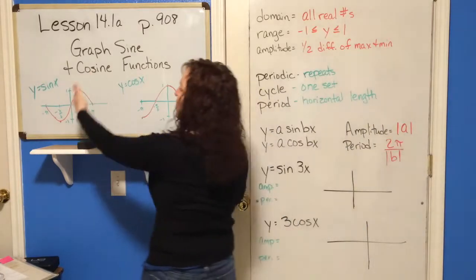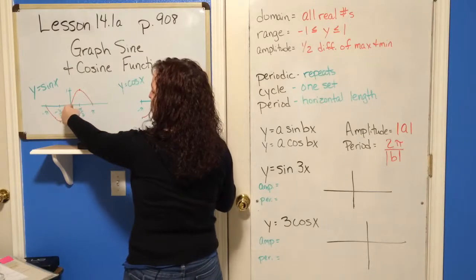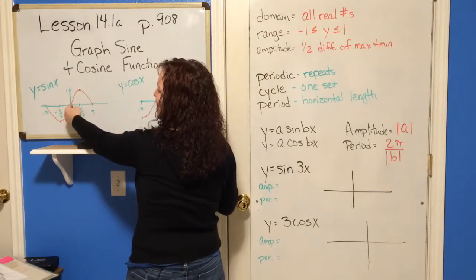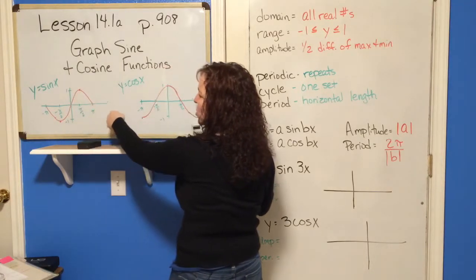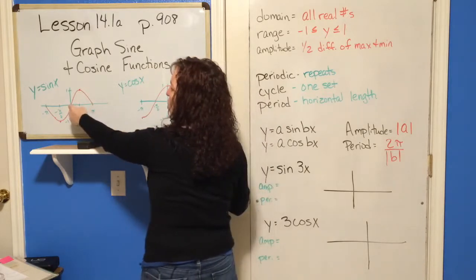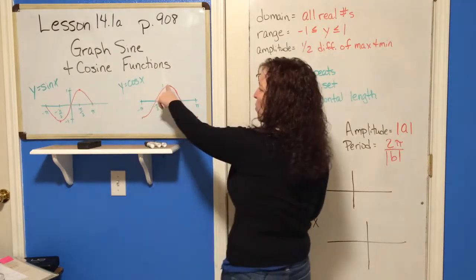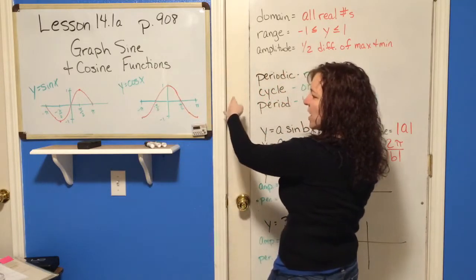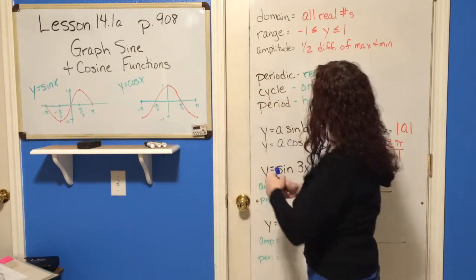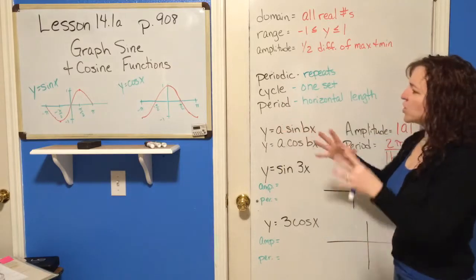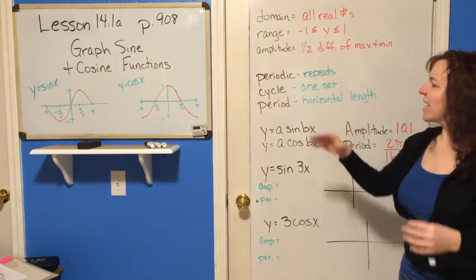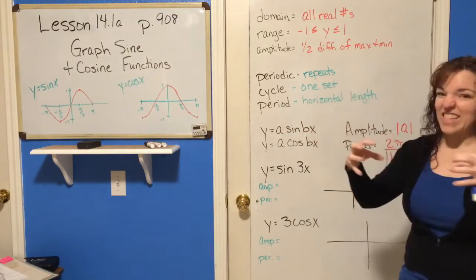If you start at 0, then you would end here, and one cycle here would start up at the 1 value, and it would end over here at 2 pi.